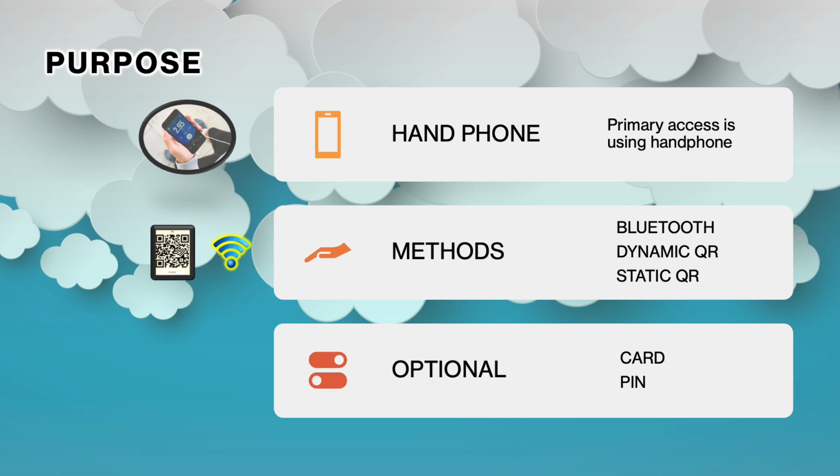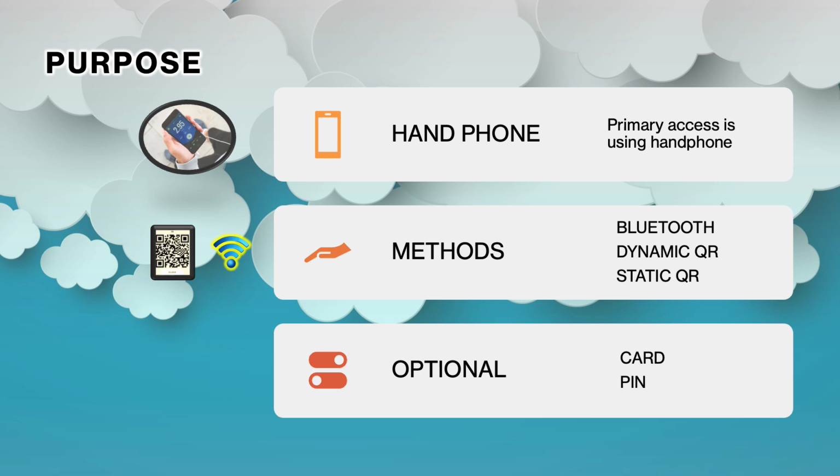The two other methods that we can use are the QR and the Bluetooth, where the handphone can generate a QR that gives us granted access, or when we press a button it gives a Bluetooth signal that grants us access. So these things can be used in the app which is installed in the phone.